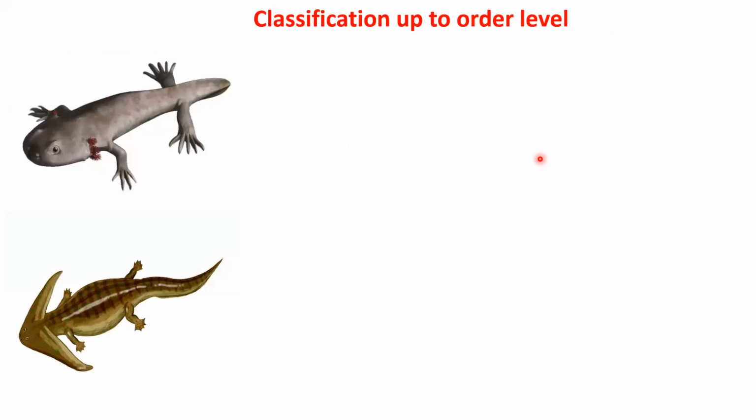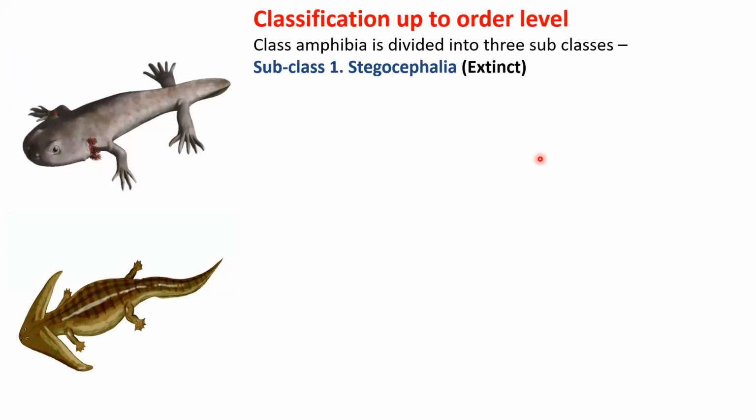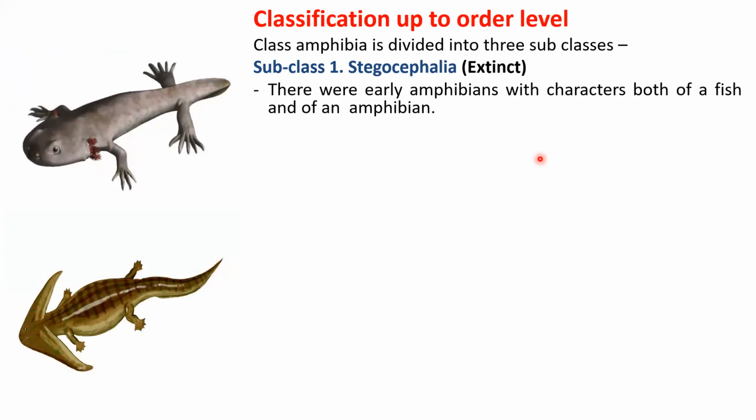Then the classification of these amphibians: the class Amphibia is divided into three subclasses. The first one is the Stegocephalia, that is extinct, म्हणजे लुप्त झालेले आहे ते. It has the early amphibians, the Stegocephalia.